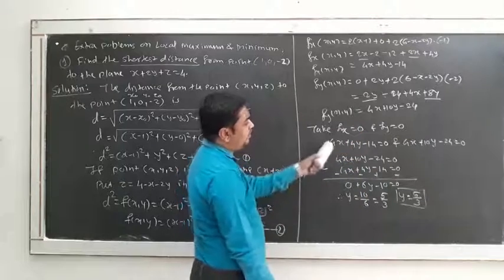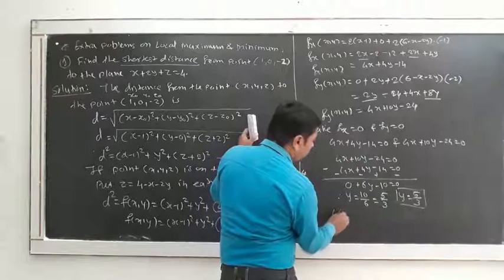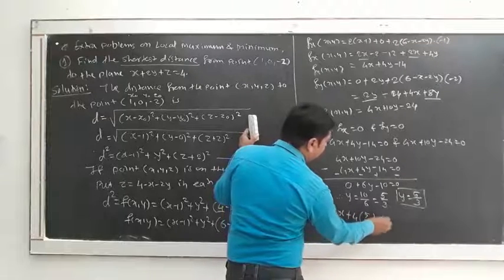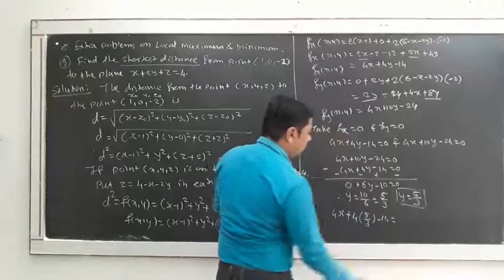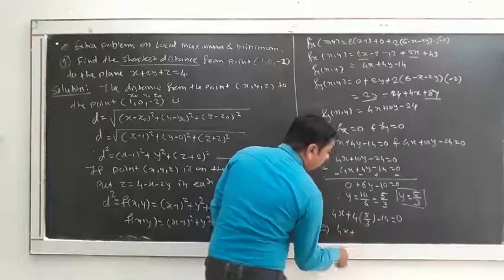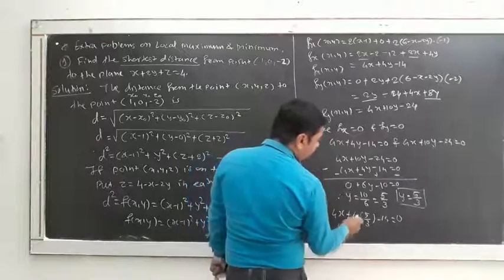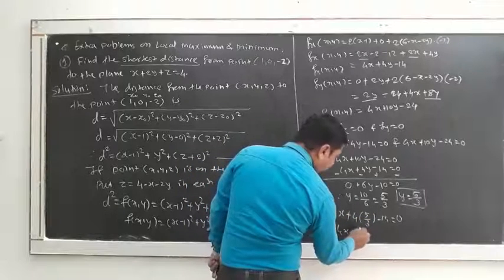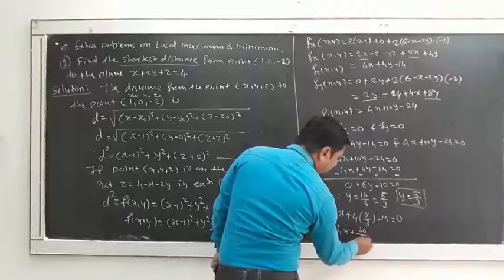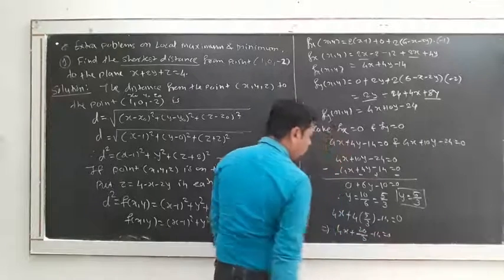Put this in any of these equations. So 4x plus 4 into 5 by 3 minus 14 is equal to 0. And what are we getting? 4x plus, 4 5s are 20 upon 3, minus 14 is equal to 0.